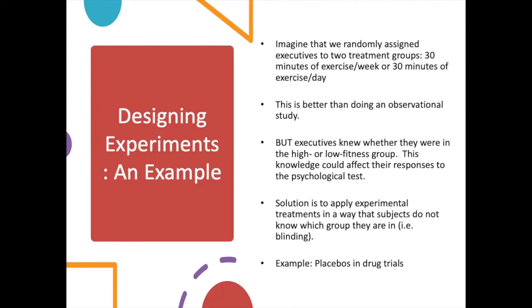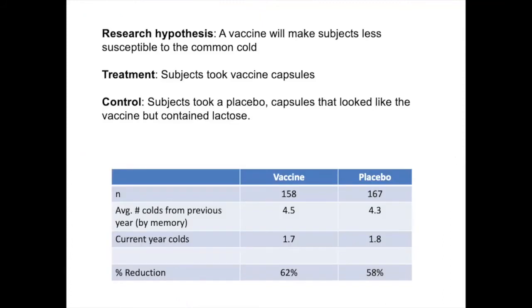And a good example of this is the use of placebos in drug trials. So let's say we were interested in testing a research hypothesis that a vaccine will make subjects less susceptible to the common cold.